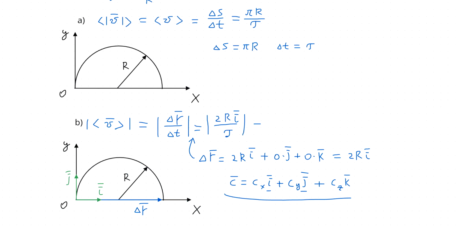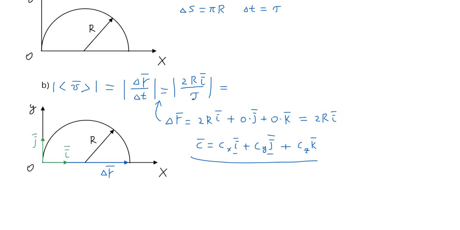Okay, and how to get the modulus of this vector? It is necessary to remember analytical geometry and vector algebra. So c is equal to the modulus of vector c. It will be the square root of cx to the power of 2 plus cy to the power of 2 and plus cz to the power of 2.